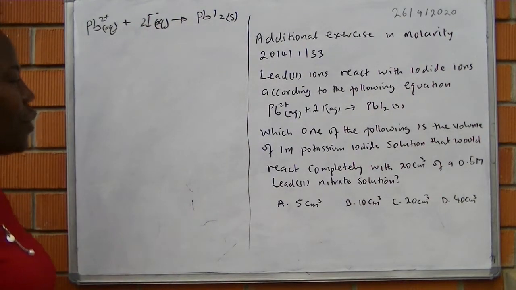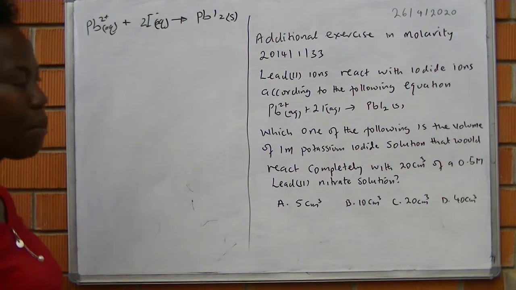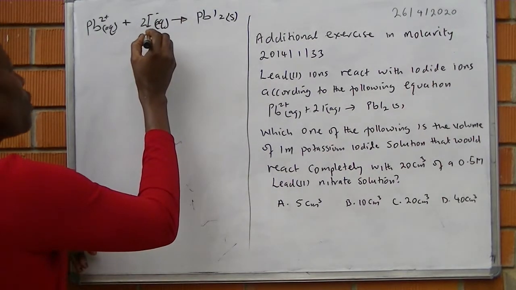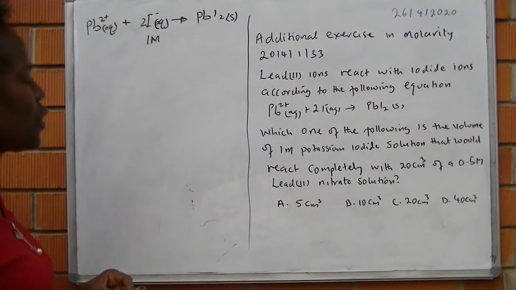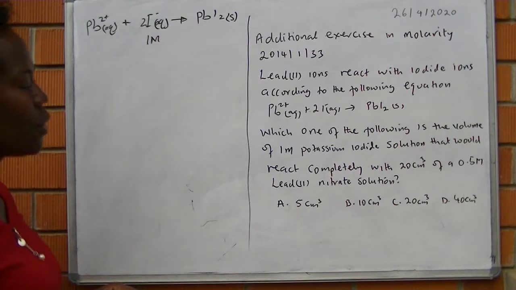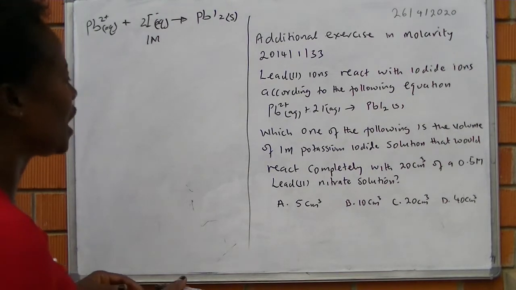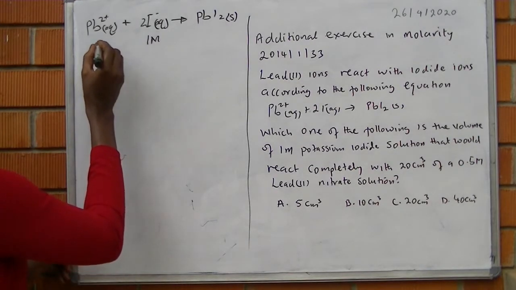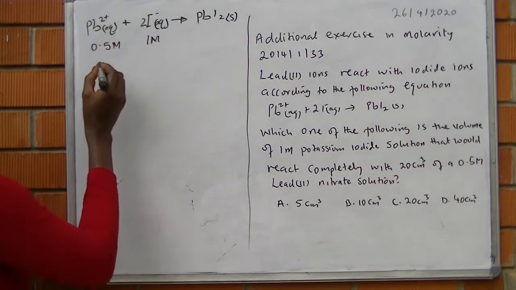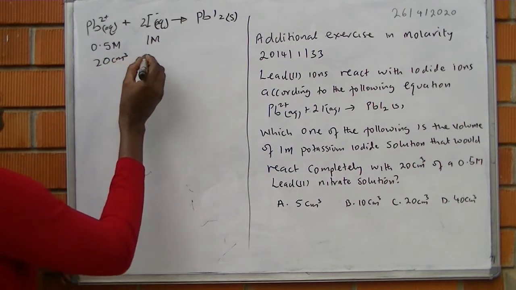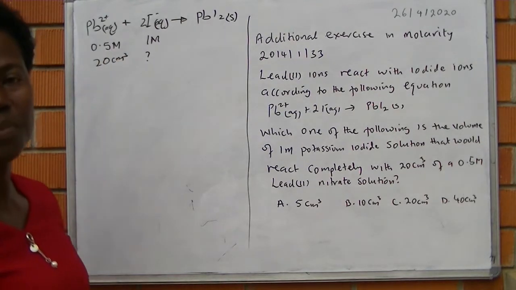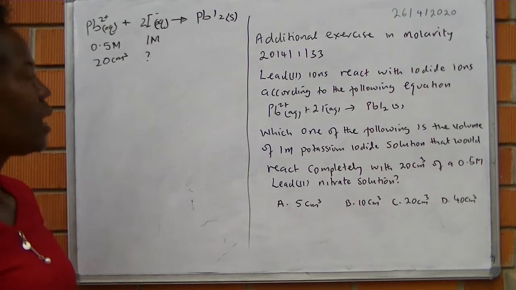Which one of the following is the volume of 1 molar potassium iodide? So you put 1 molar below the iodide ions. That will react completely with the 20 cubic centimeters of 0.5 molar lead 2 nitrate. We are told 0.5 molar, and the volume is 20 cubic centimeters. So they want the volume that reacted with the lead 2 ions.